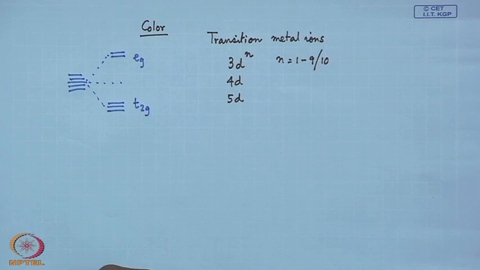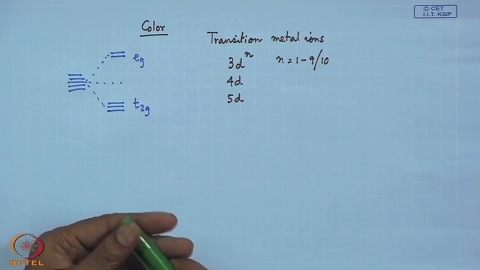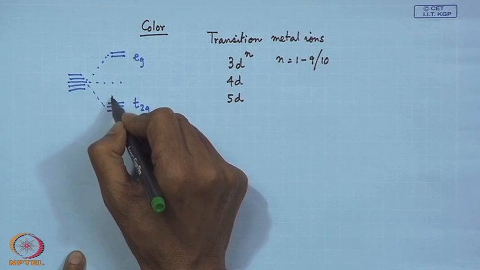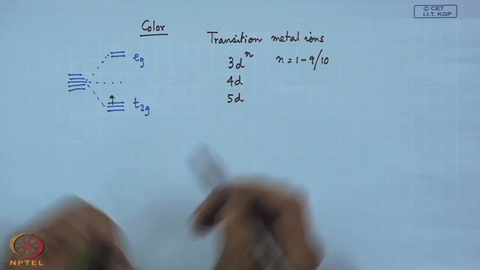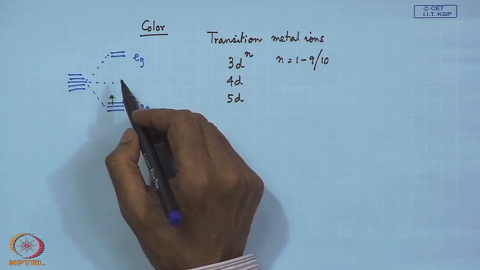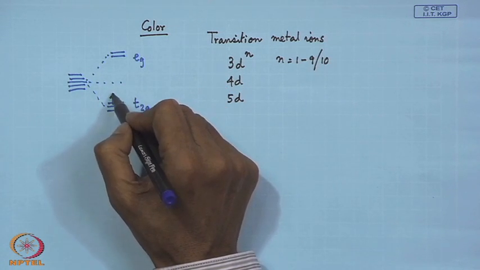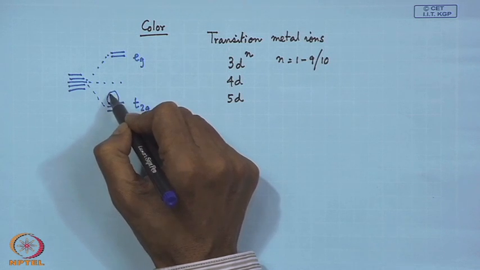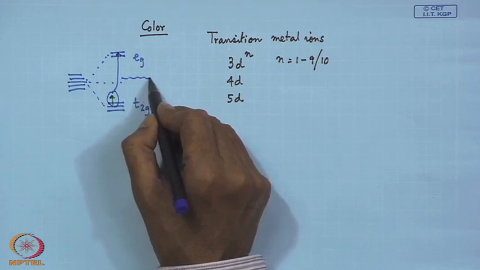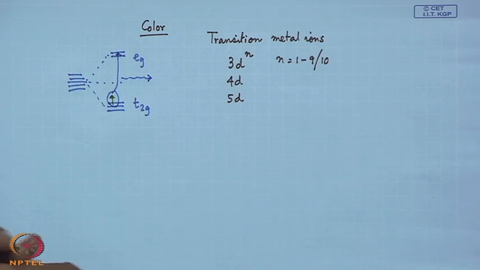So, we have the corresponding direct interaction from these, and if we have say one single electron in the T2G level, and through that range of radiation which is available in the visible region, if we can promote this particular electron to the upper level, then absorption of electromagnetic radiation can take place.